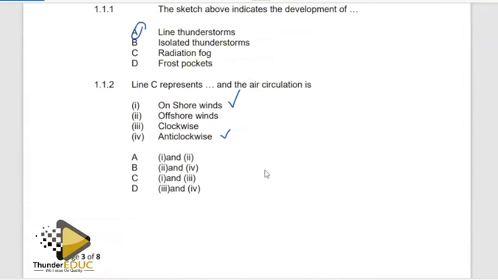The responses here were supposed to be matched on the errata, and the errata, unfortunately, is not here. But the correct response must match item onshore and item anti-clockwise.